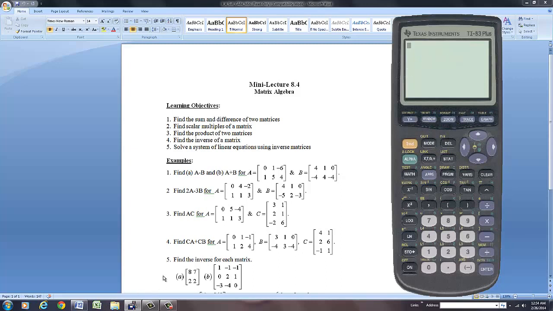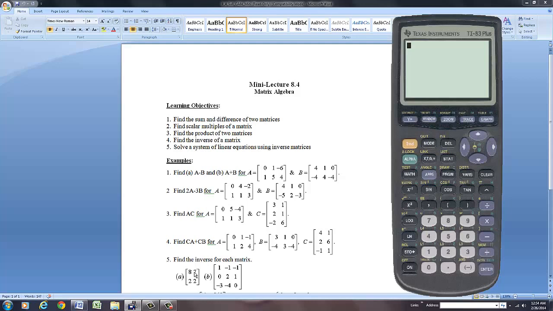Now number 5 says find the inverse for each matrix. When they say inverse, this means the multiplicative inverse. So if you're talking about, say, whole numbers, the multiplicative inverse of 2 would be 1/2.